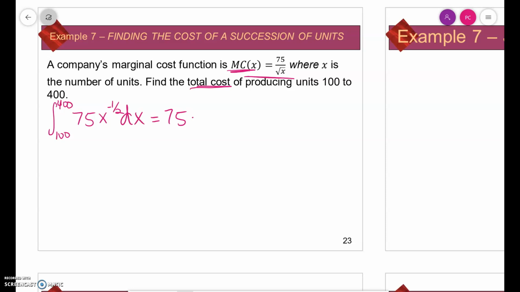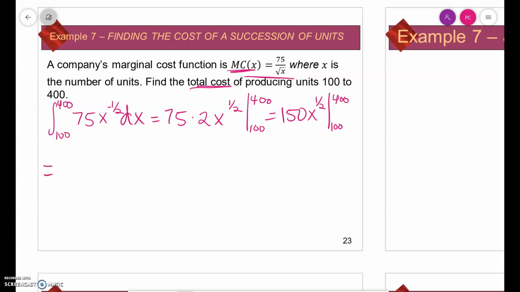And 1 over 1/2 is 2. So we have 2x to the positive 1/2. And we're going to integrate that from 100 to 400. So if we simplify 75 times 2, I've got 150 x to the 1/2 evaluated from 100 to 400.